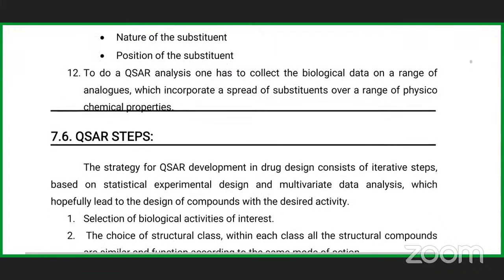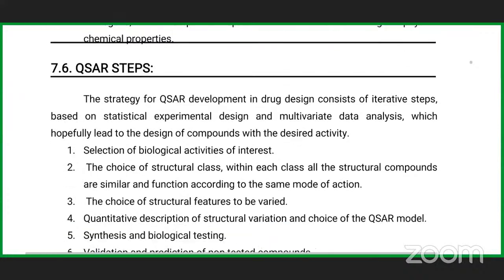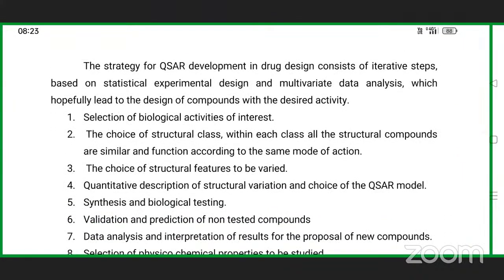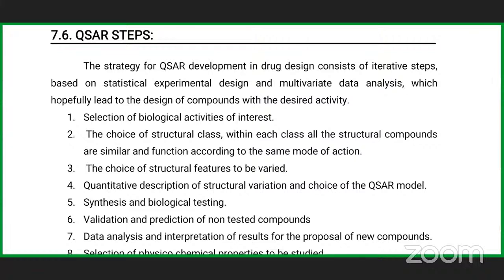So here are the steps, how to approach this QSR method, how to go with this QSR. Here you see the selection of biological activities of interest. Once you are interested in the QSR technique, first you have to select the series of compounds which have biological activity.